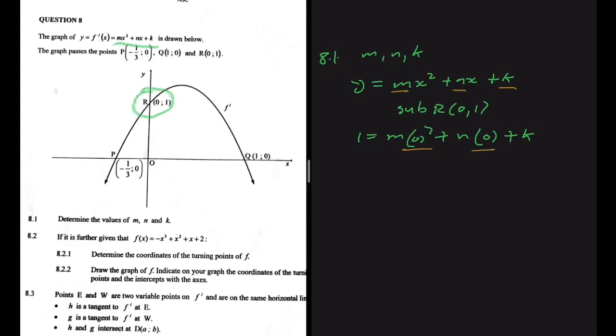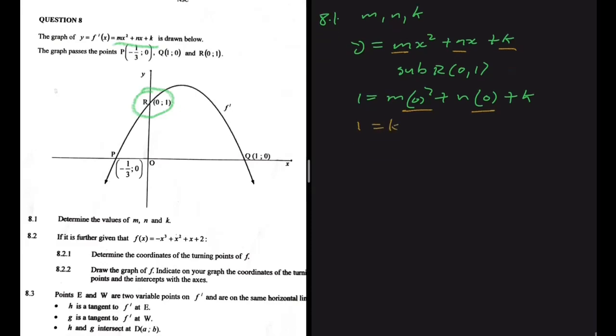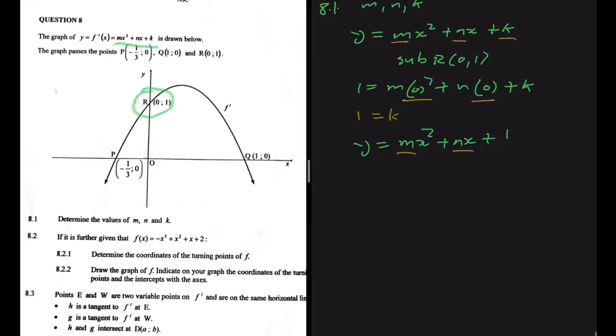So now we're left with 1 equals k, so now we know the value of k. So our function becomes y equals mx squared plus nx plus 1, right? Now we're just left with m and n, and we have the 2 points, so let's see how we can determine m and n.